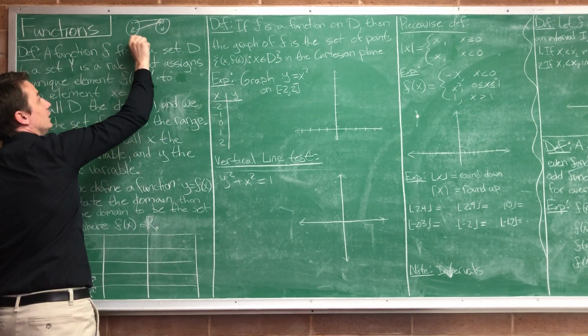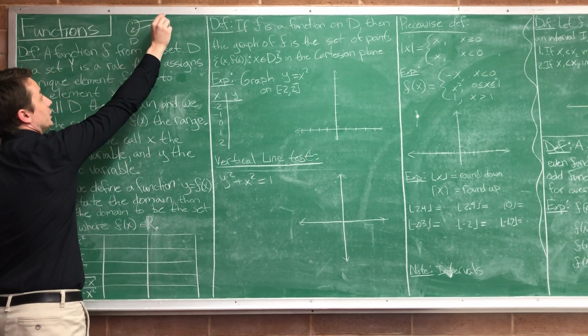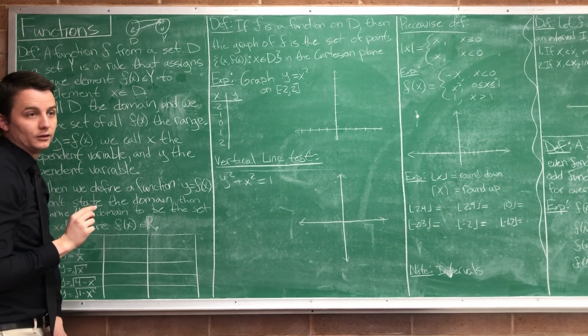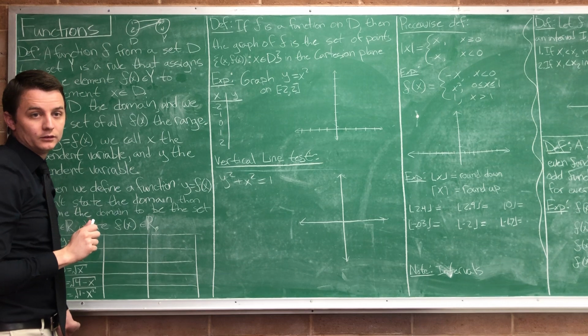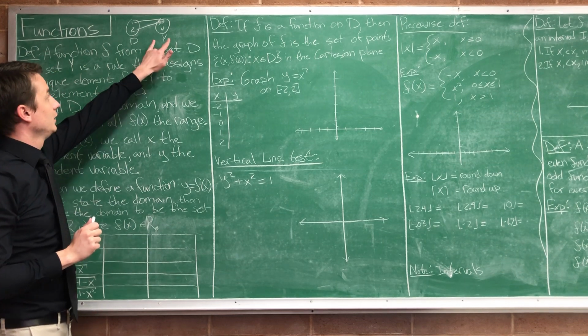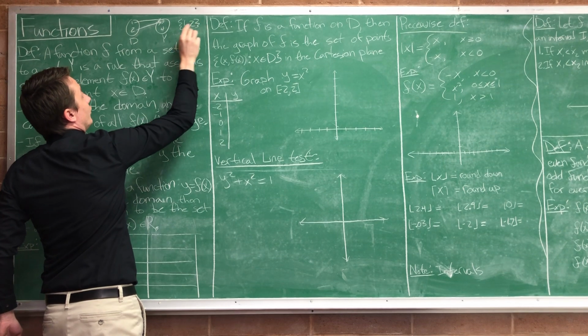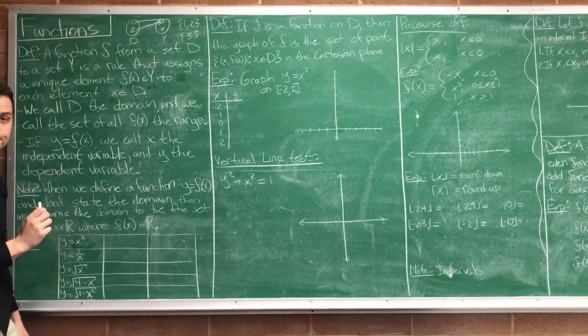We assigned everything in D to something in Y, and we did it uniquely. 1 only goes to one thing, 2 only goes to one thing. Make sense? The range of this function is the set containing 3. It's not the set containing 3 and 4. So the domain is the set 1, 2, but the range is just 3. Make sense?